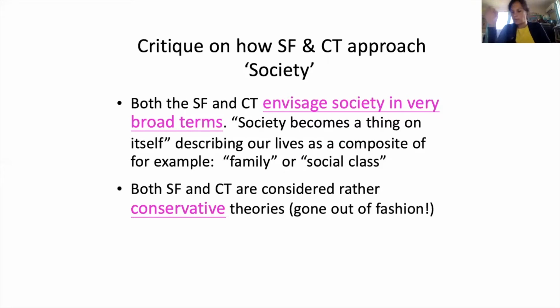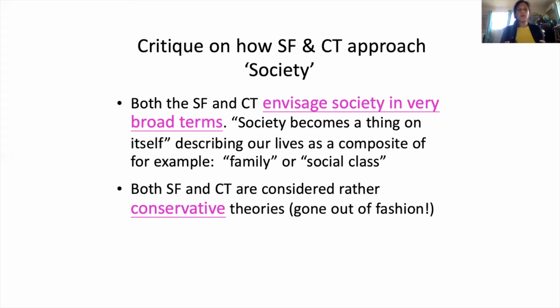Okay, we talked about structural functionalism and now conflict theory, and I think it's a good moment to think about what a macro perspective brings to the table. Okay, it gives us a broad picture. But it becomes too abstract.